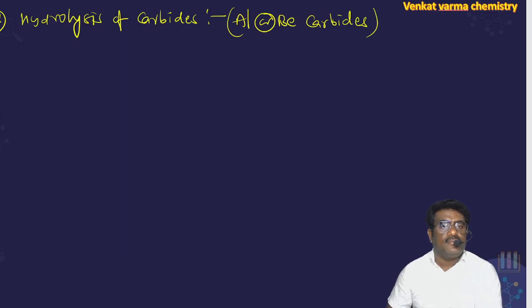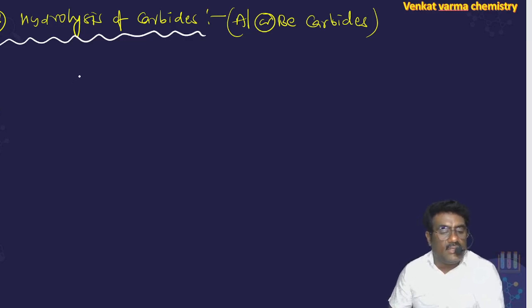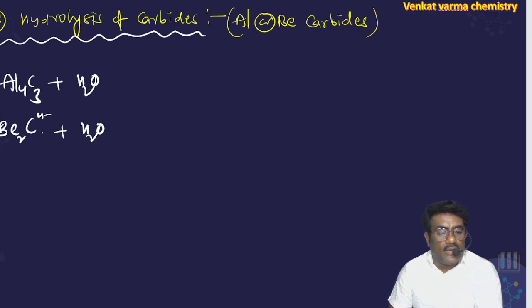Next method, hydrolysis of carbides. Hydrolysis of carbides like aluminium and beryllium carbide gives alkane. For example, aluminium carbide Al4C3 and beryllium carbide Be2C in the presence of H2O undergo hydrolysis, and both give methane.